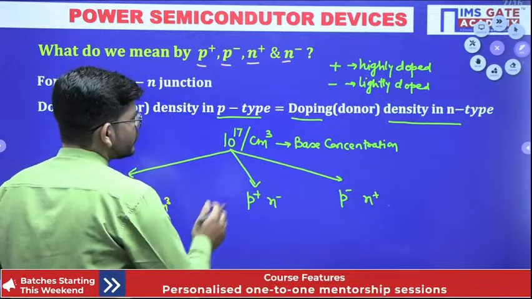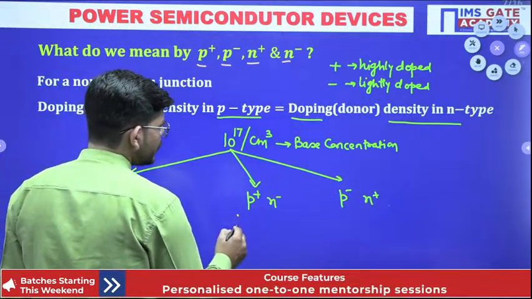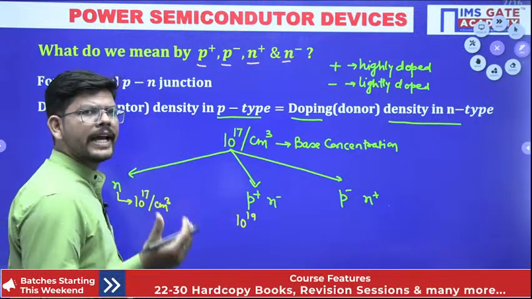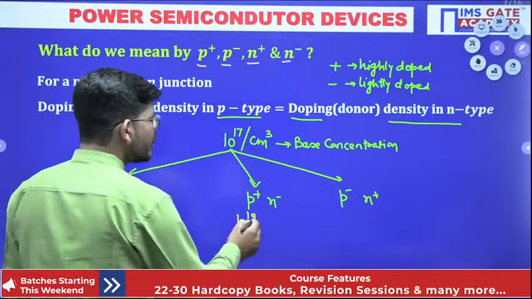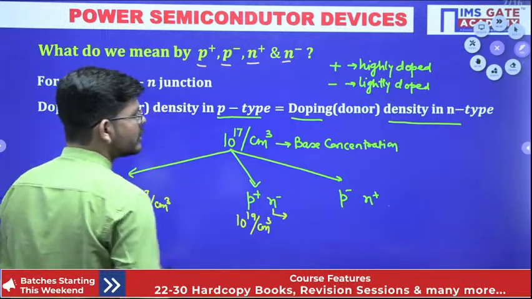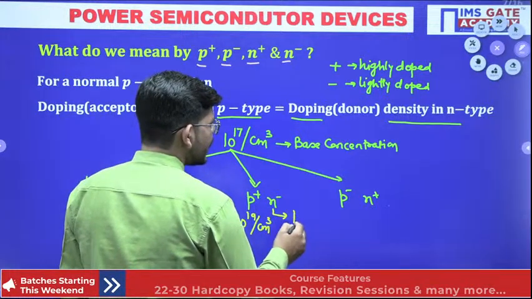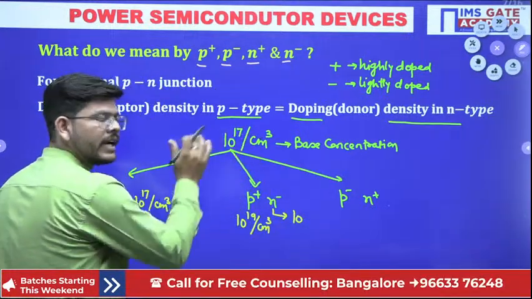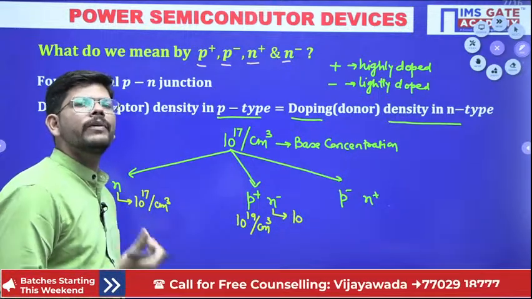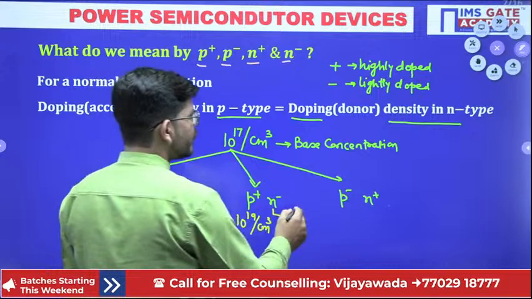If the base is 10 to the power 17, P plus might have 10 to the power 19, 20, 21 per centimeter cube of concentration, and because N is negative, it has a lower concentration than the base, so it might have 10 to the power 15, 14, 13 per centimeter cube.